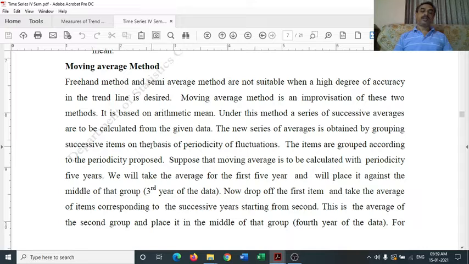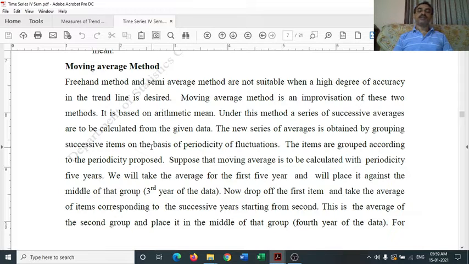For example, if the data is from 1991 to 2003, and the question is to determine the moving averages of 3 years, 91, 92, 93 will form the first bunch, and for the second bunch we will delete the first year 1991 and copy the next year 1994.